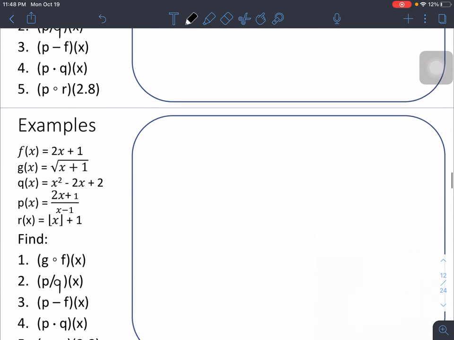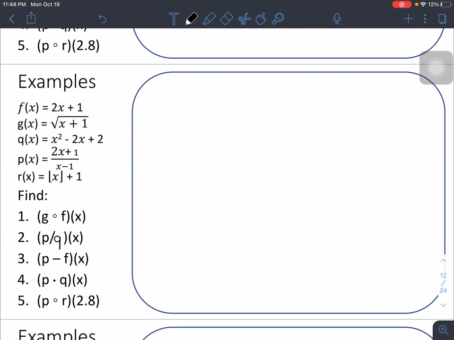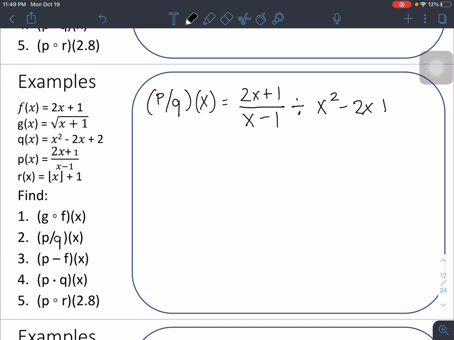Next one, p over q of x. So we need to divide the p function by the q function. So let's try. (p/q)(x) is equal to the p function, which is 2x plus 1 over x minus 1, divided by the q function, which is x squared minus 2x plus 2.